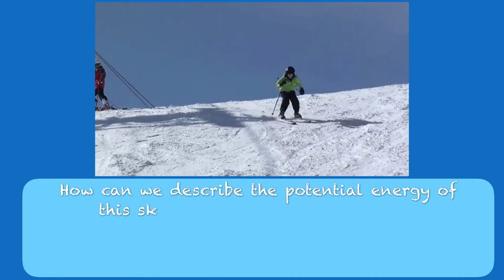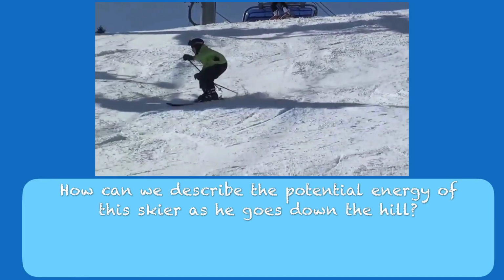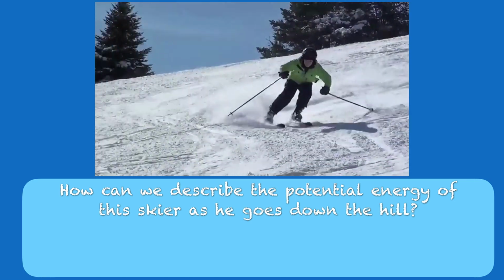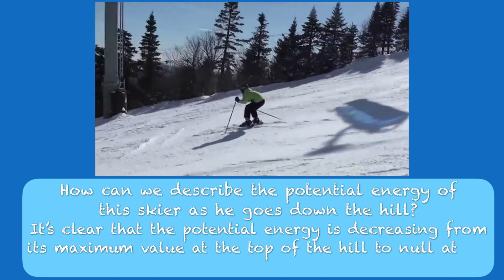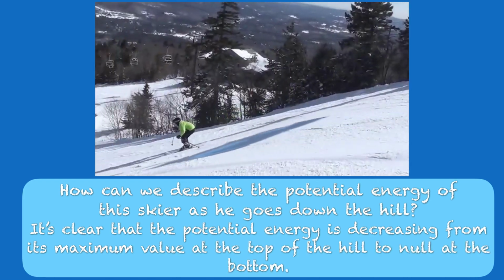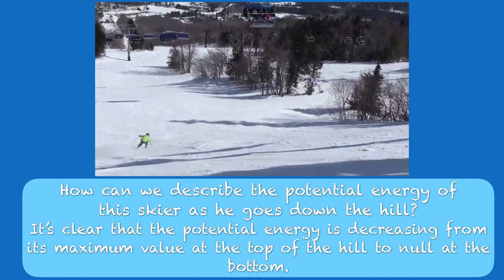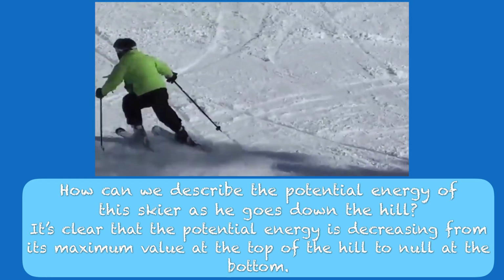How can we describe the potential energy of this skier as he goes down the hill? It's clear that the potential energy is decreasing from its maximum value at the top of the hill to be null at the bottom.